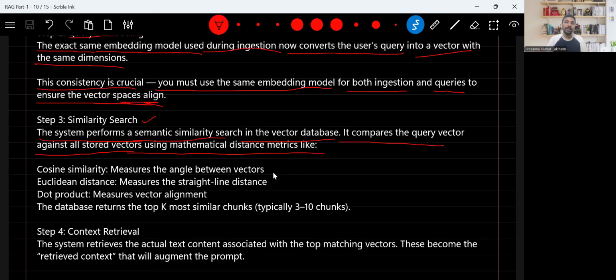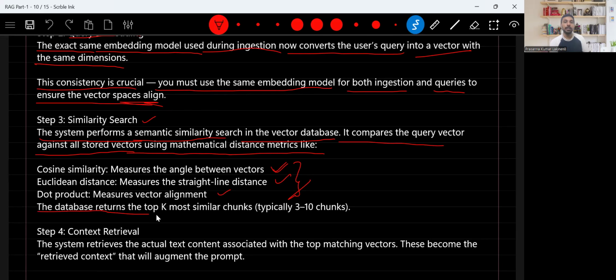What measures do we use for comparison? Cosine similarity measures the angle between the vectors. Euclidean distance measures the straight line distance between the vectors. And dot product measures the vectors' alignment. By using these distance measures, we will find the similar context vectors. The database returns the top k similar chunks.